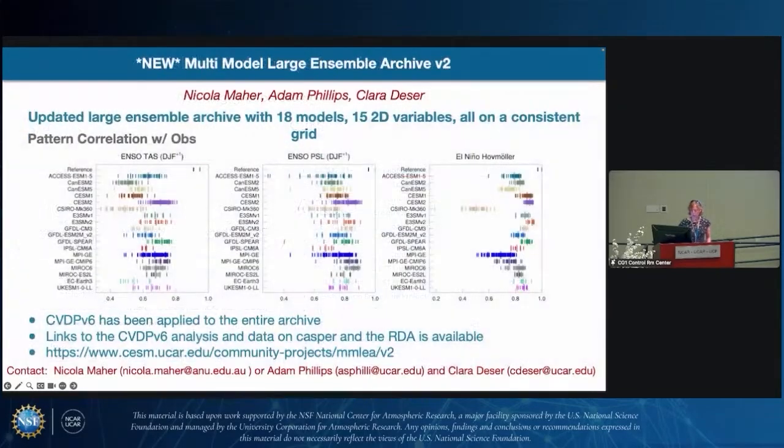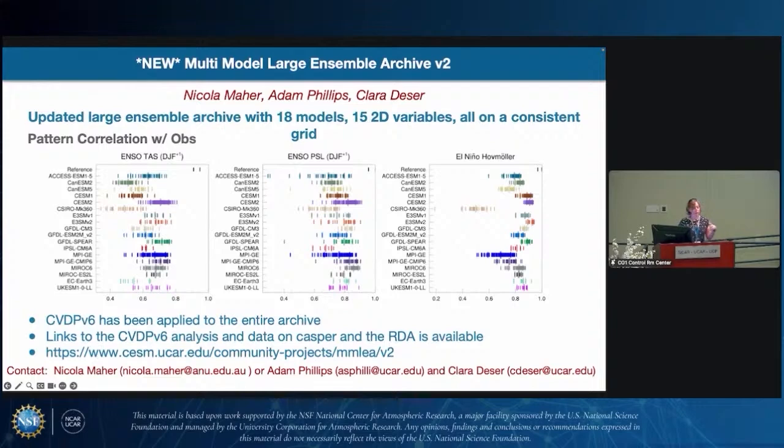There's also been work by working group members to produce an archive of data, not just from CESM, but from other models. This multi-model large ensemble archive version 2 builds on work that was done by Flavio Lehner a few years ago, and expands an archive of curated data from large ensembles. Now there's 18 models.